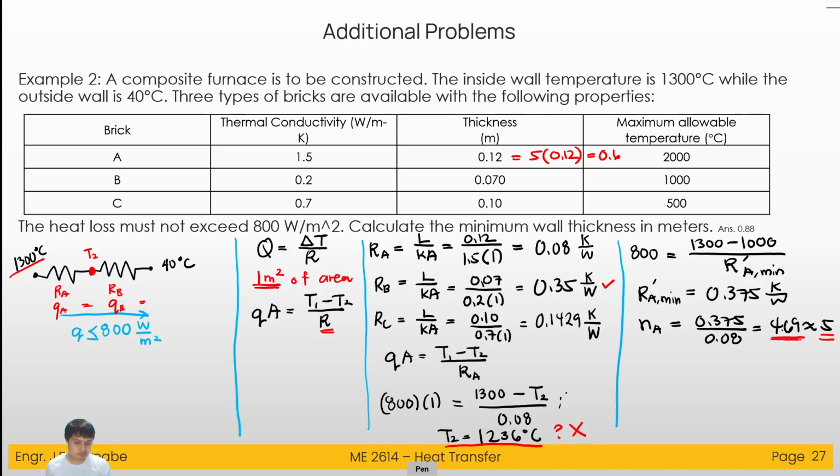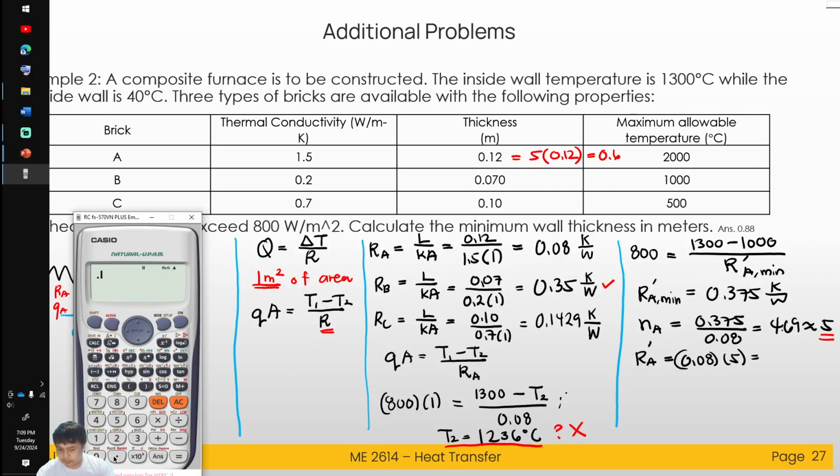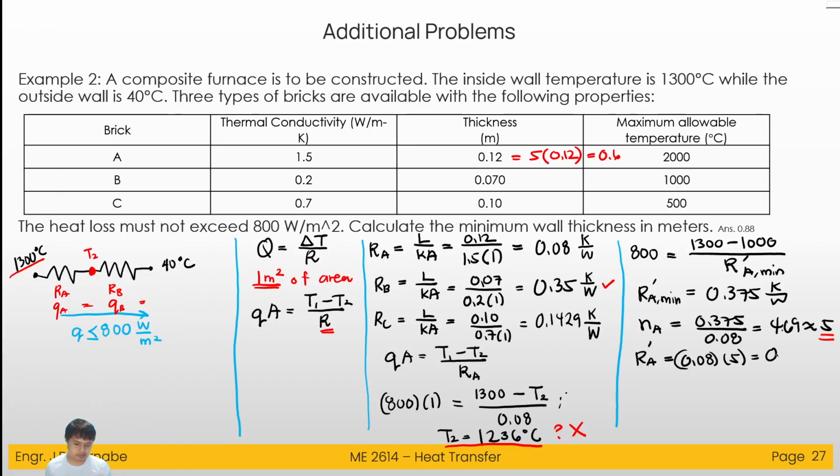We don't have 4.69, we will use 5, multiply this by 0.08 to have the actual resistance, not the minimum, but the actual resistance that we need. So this will be 5 times 0.08, so 0.4.